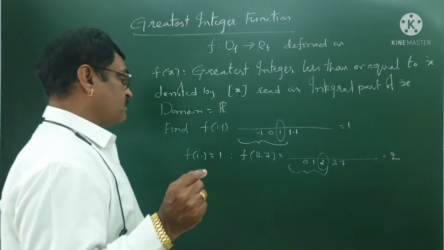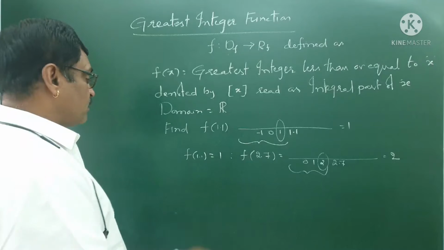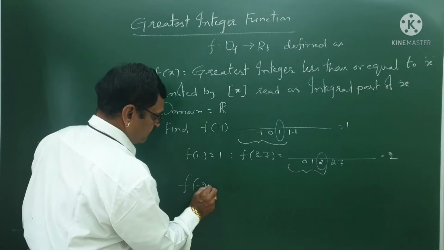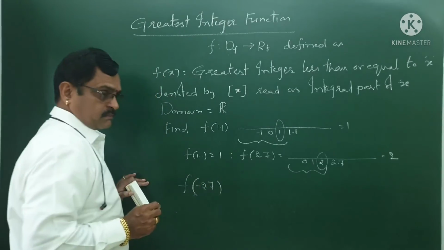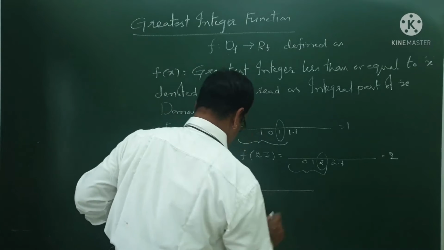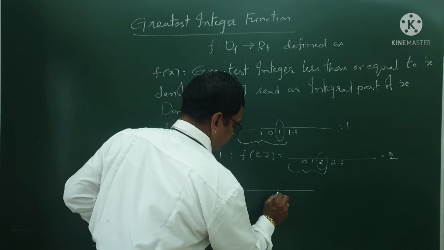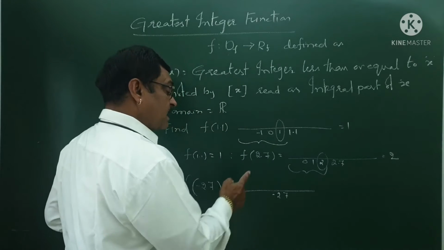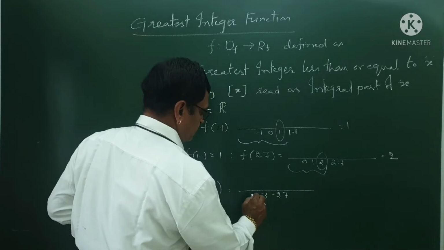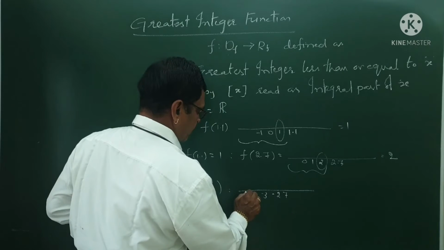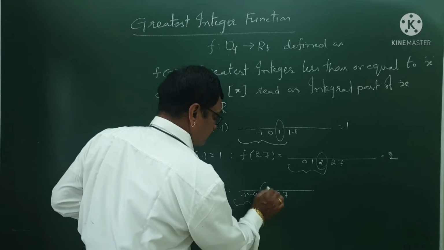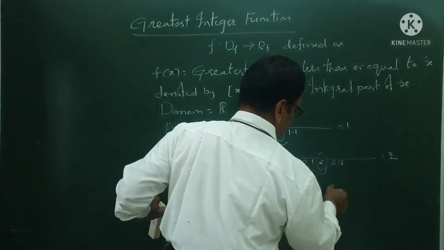Okay, let us check the output for a negative number. For example, f of minus 2.7. Again, I take the real line and locate minus 2.7 somewhere here. Now the integers less than minus 2.7 are minus 3, minus 4, minus 5 and so on. Among the taken integers, which is the greatest one? Minus 3, so the answer is minus 3.